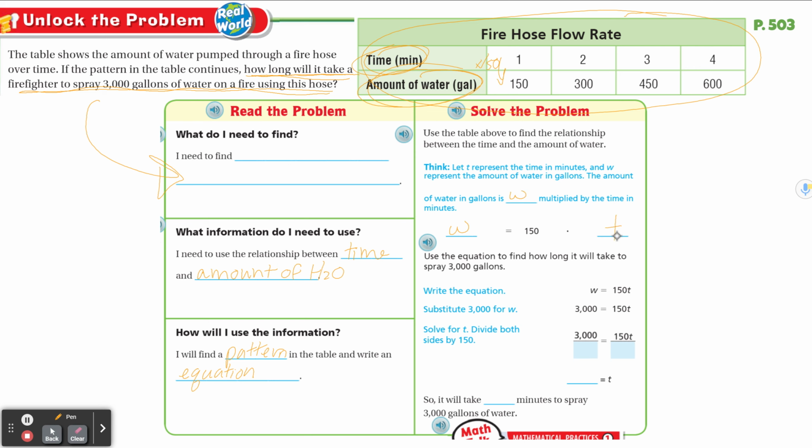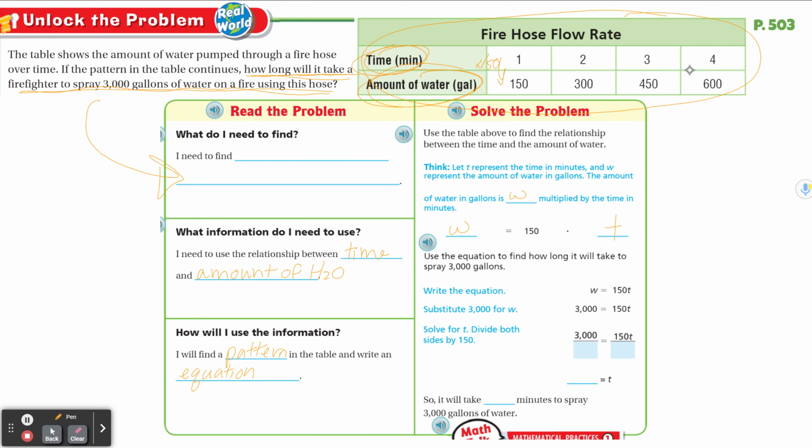It says T for time. I would almost say M for minutes, but whatever. However long they're using the hose, we're going to times that by 150, and that's the total amount of water, right? So 2 minutes would be 2 times 150, and that was the 300 gallons. 3 times 150 is going to be that 450. 4 times 150 is 600.